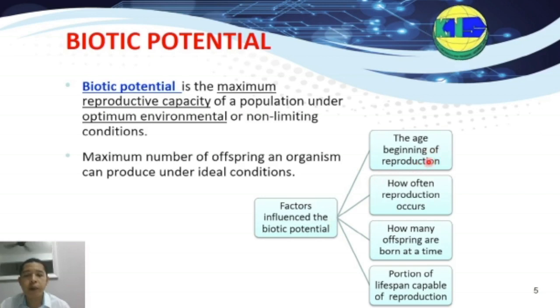The earlier a population can reproduce, the more progeny can be produced. The second is how often reproduction occurs. Third, how many offspring are born at a time, and the portion of lifespan capable of reproduction. The longer a population can reproduce in its lifespan, the more offspring can be produced.